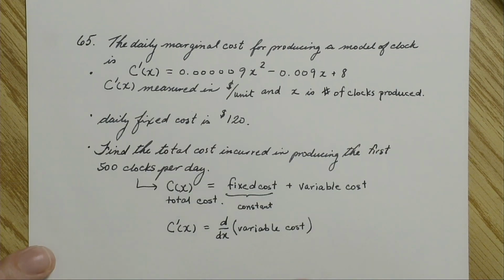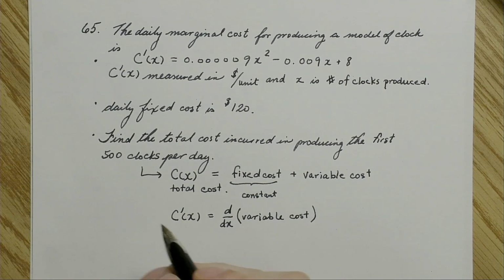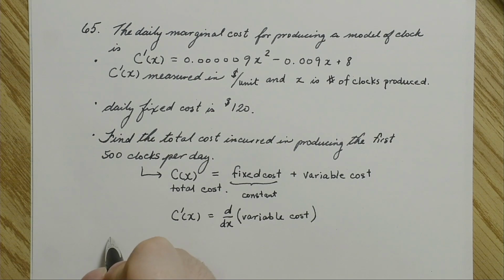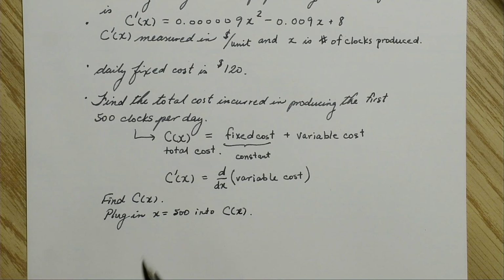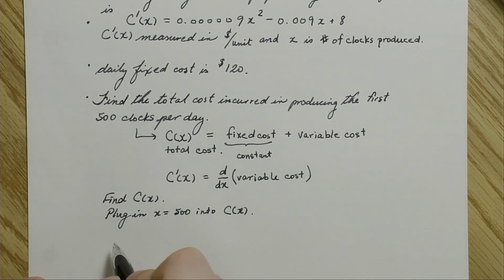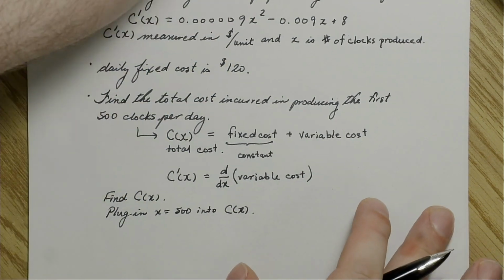That's it. So that's kind of our plan. Find c of x, plug in x equals 500 into c of x.